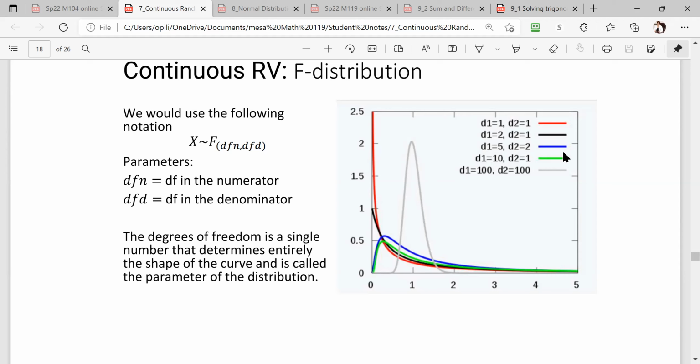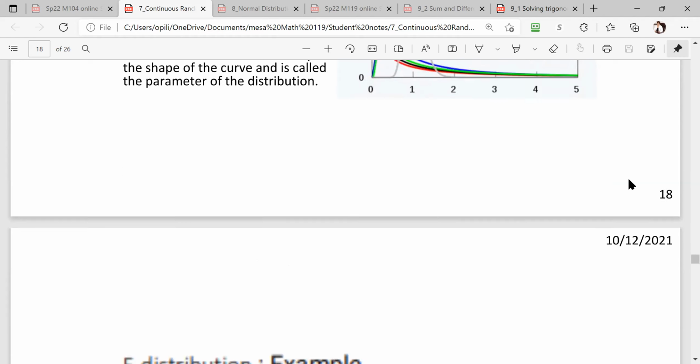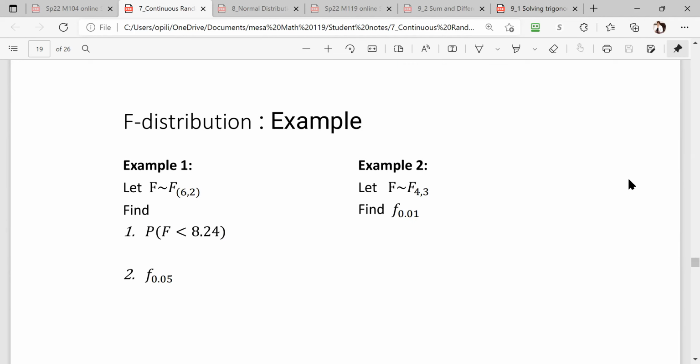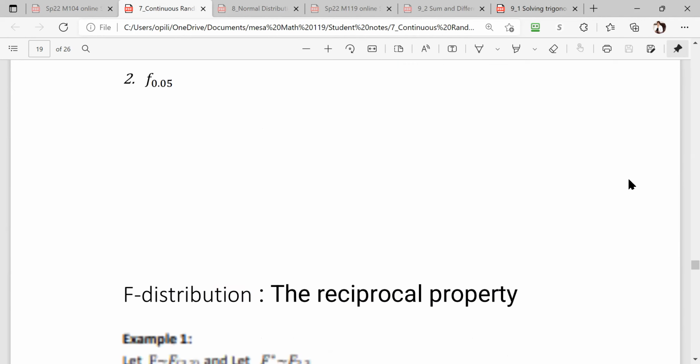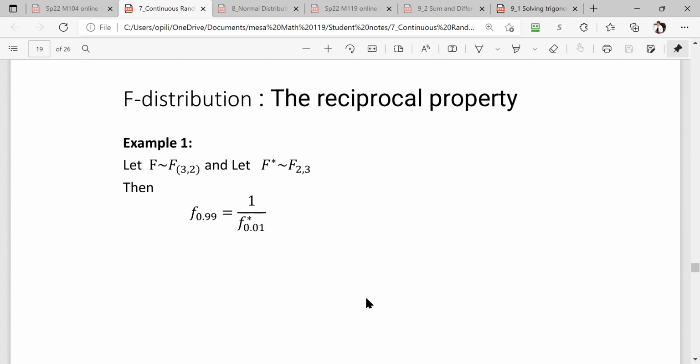Really quick, the reciprocal property of the F distribution. You see this F with alpha of 0.99 equals 1 over F with alpha of 0.01.